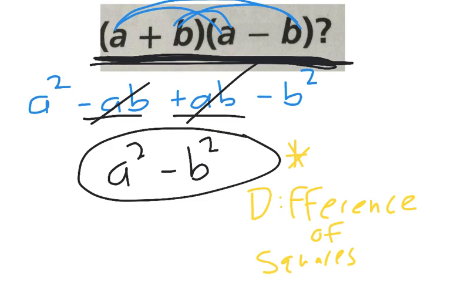One is positive, one is negative. So these two binomials have a special term as well. We call them conjugates. So anytime the sign between the numbers is different, those things that are being multiplied are called conjugates.